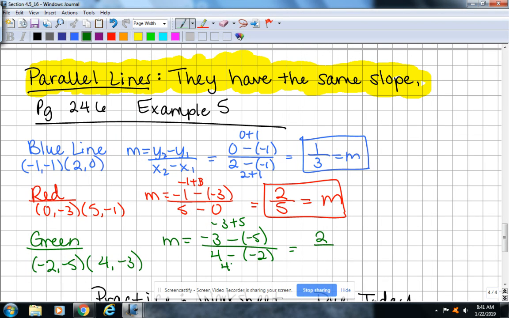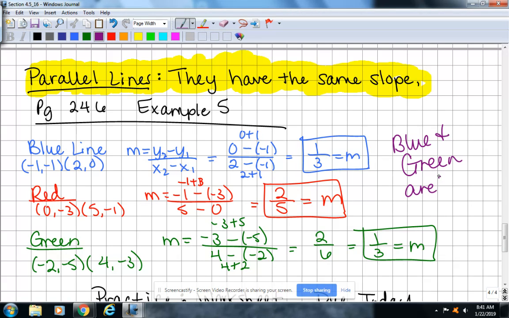Over 4 plus 2, which is 6. Does that reduce? To 1/3. So what can I say based on slope? What never crosses? All right, so I can say blue and green are parallel based on slopes. Okay?